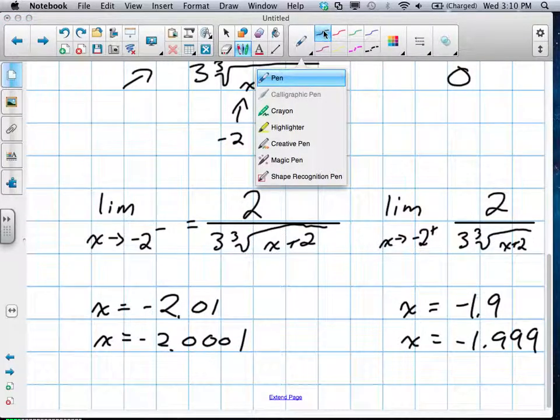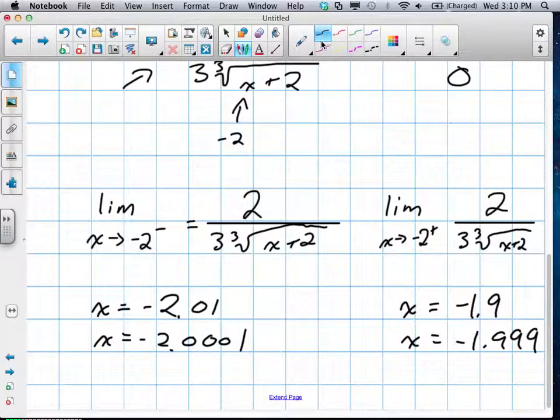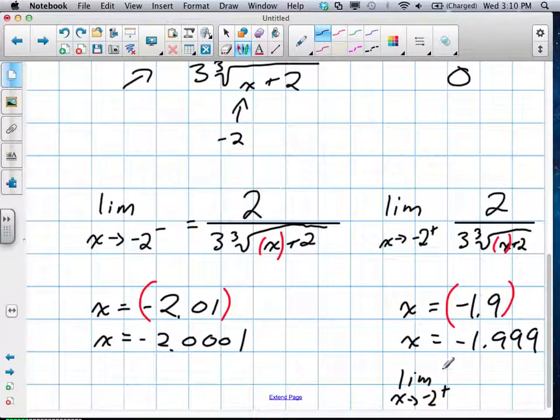What I want you to realize is that when x is approaching -2 from the right, you would have found that your answer becomes positive. You're going to get some positive answer.